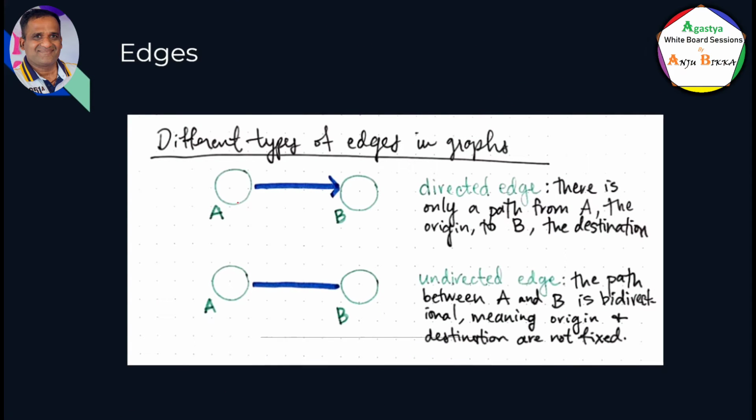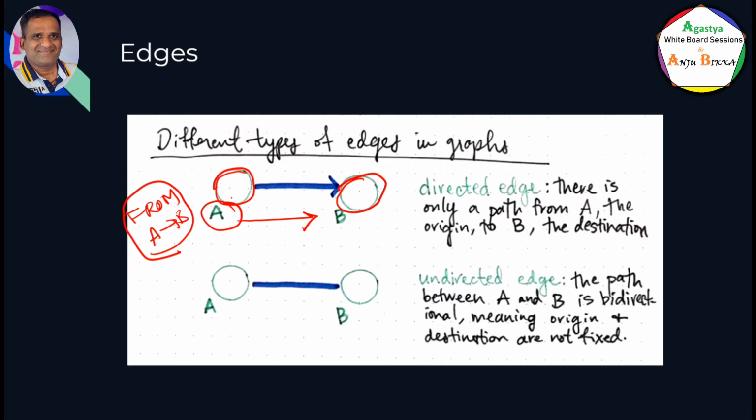Now, what is a directed path and an undirected path? If we have two nodes, node A and node B, and you want to represent only the path from A to B, then you go for a directed edge.